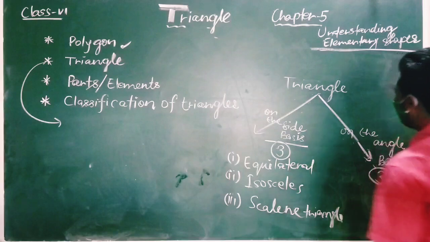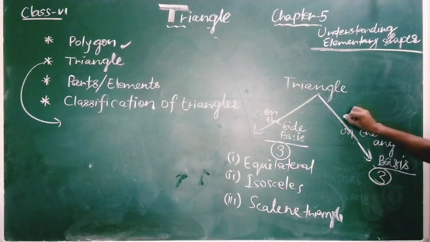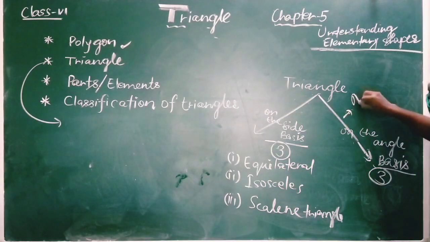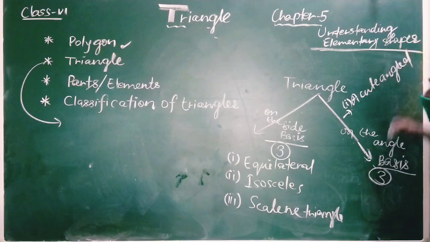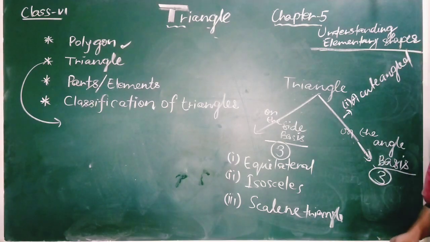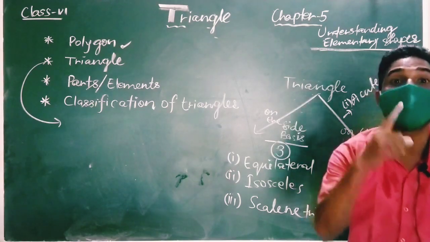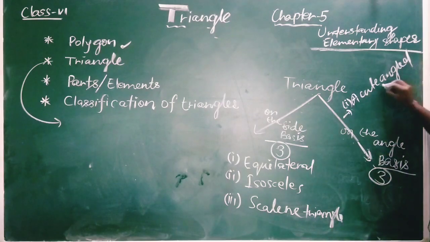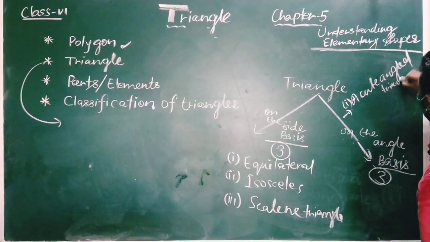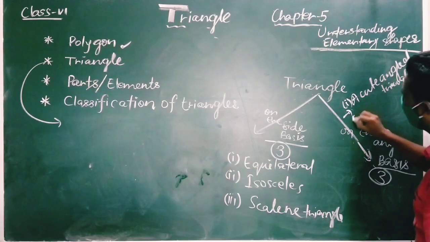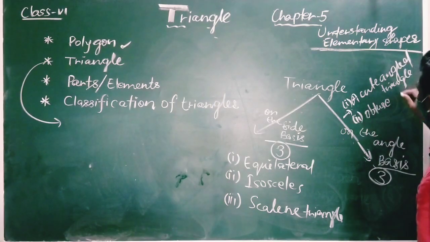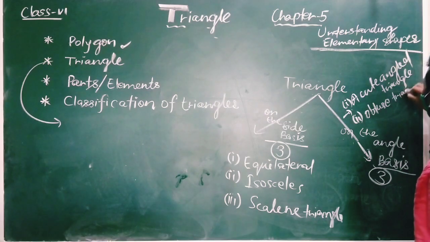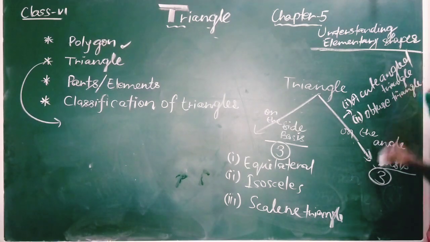And if you talk about the basis of angles, let me write here. The first type is acute angled triangle. Don't be confused, this is not acute angle, this is acute angled triangle. The second type is obtuse triangle, also called obtuse angled triangle.